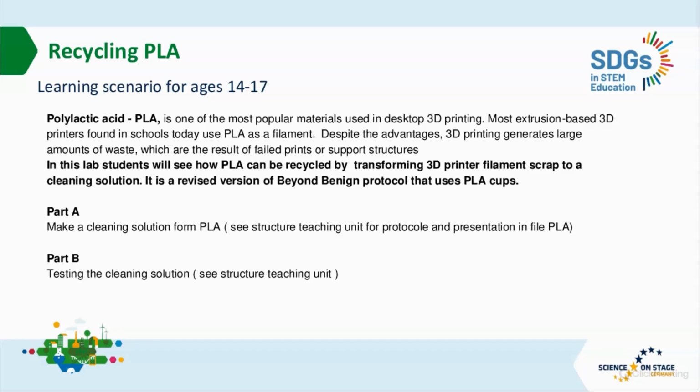So actually, the filament of the 3D printers is made from polylactic acid, and we tried to apply the Beyond Benign protocol for these filaments. So it is a simple method, and I'm just going to finish my presentation by showing you a video that one of my students made, which explains the process.